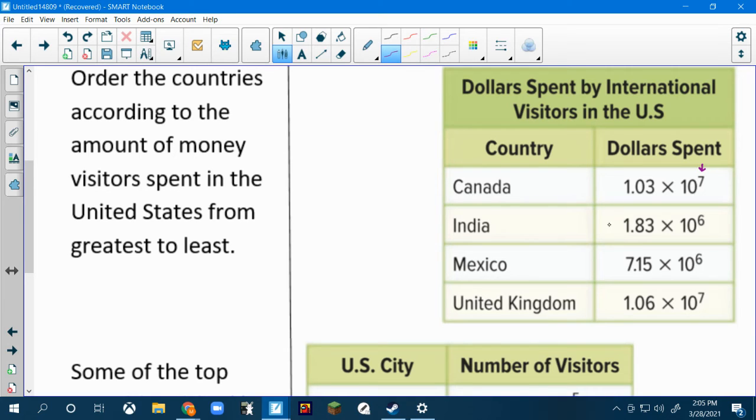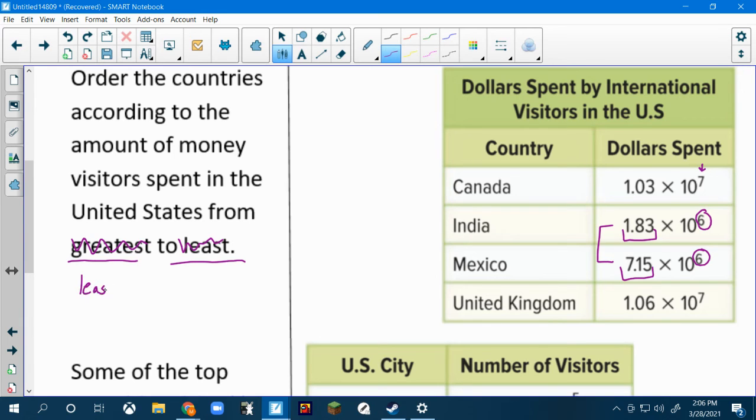Okay, so the smaller ones are going to be these two, but these both have the same exponent. Since they have the same exponent, we can't completely judge by that. We have to go by the first number. If we're going from greatest to least, I did this backwards, but that's okay. We'll switch this around and we'll just say this is from least to greatest. Sorry.